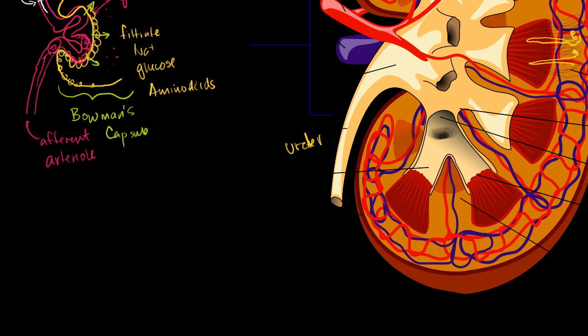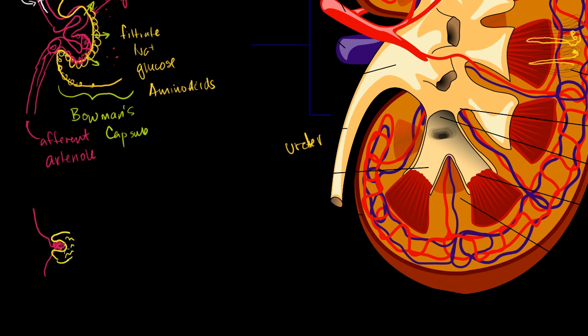So we had our arteriole go in, it gets all bunched in the glomerulus, and then most of the blood leaves, but a fifth of it gets essentially filtered into the Bowman's capsule. That's the Bowman's capsule right there. I've just zoomed out a little bit. So we have our filtrate here. I'll make it a little bit yellow.